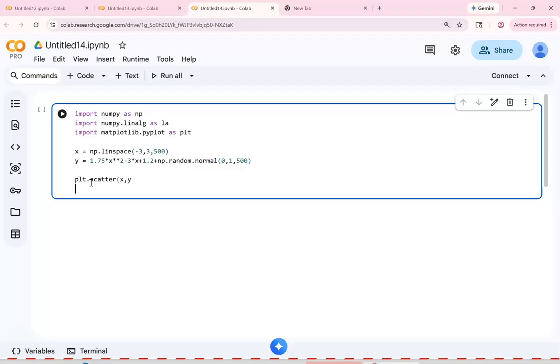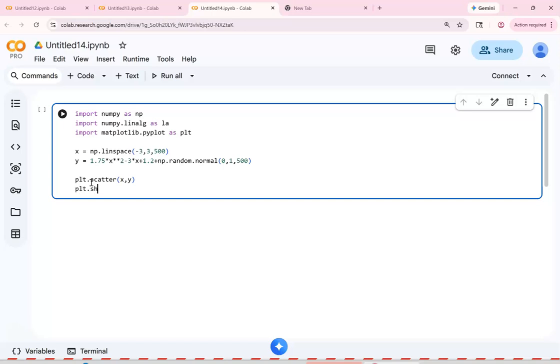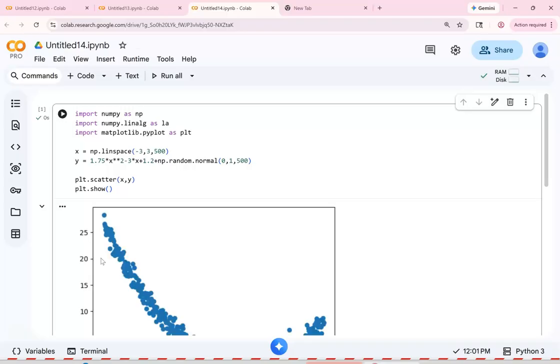Oops, x, y. And show the plot. If you're typing this in along with me, you should have a similar but slightly different picture once it actually decides to load. There it is.